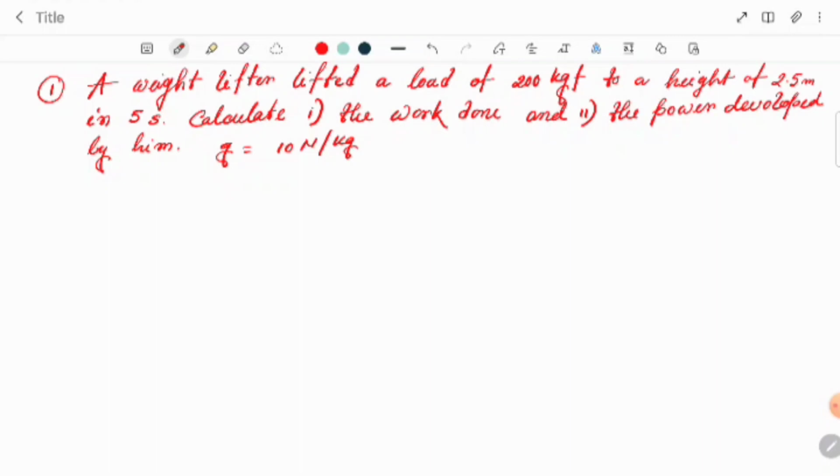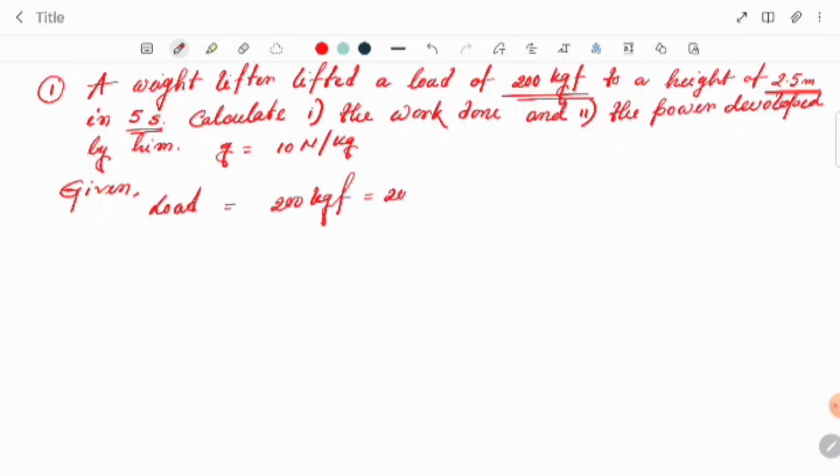Okay, so let's see the question. A weightlifter lifted a load of 200 kgf. The given things we have to write first: the height is given, 2.5 meter, and the time is also given, 5 seconds. So, given: load is 200 kgf, so you have to convert it into Newton.